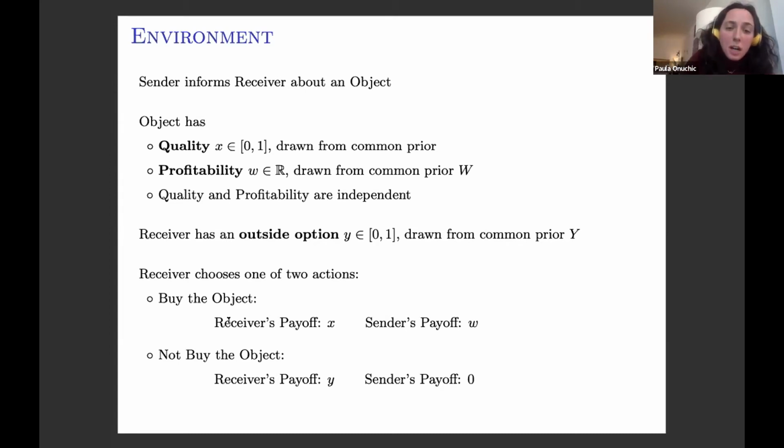And so you should interpret this quality X as already being the quality of this product net of whatever price it costs. You can think of this as a brokerage firm where the advisor tells you to buy this stock, and then he gets a commission, and the stock has some quality that he has information about, and he discloses some information to you as a buyer. It's exactly that.